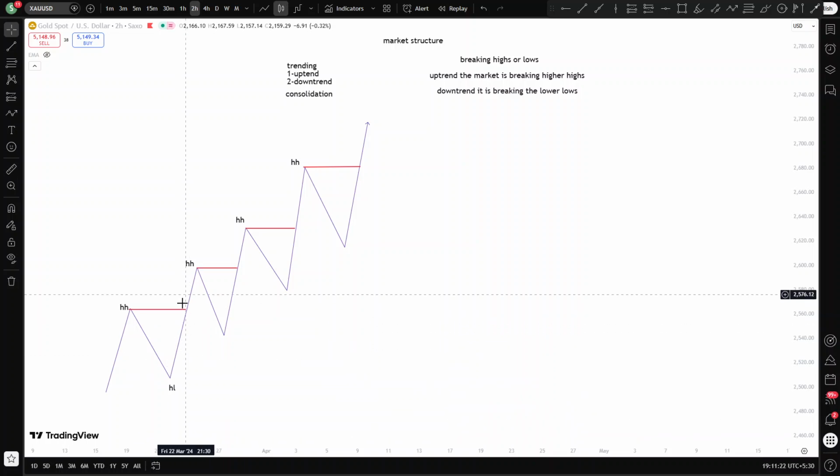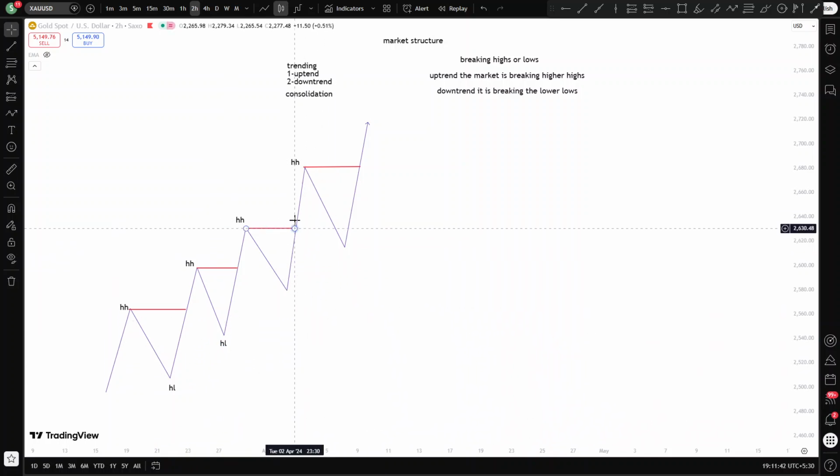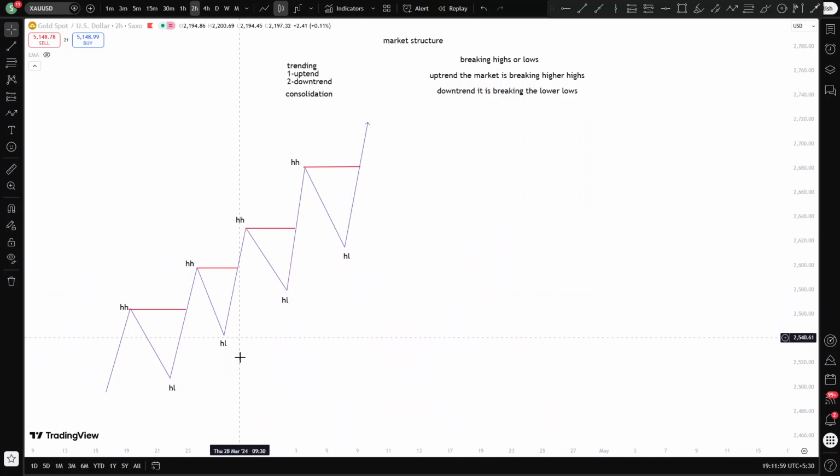Every time the market gives us a break of the higher high, the market creates a higher low. You cannot have this higher low if the market has not broken this higher high.